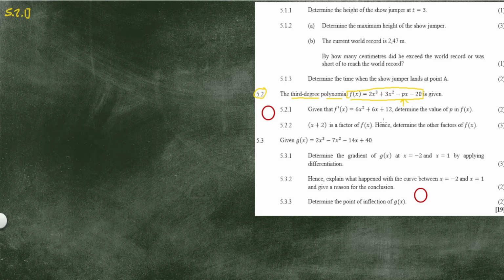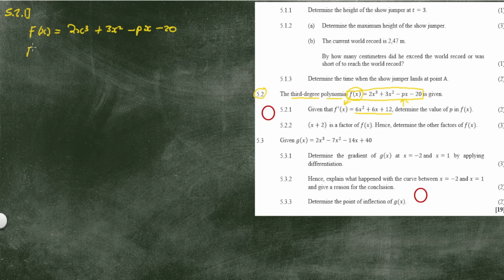Now, when you differentiate f of x, you should get something like this. Let's take the original equation: f of x is 2x cubed plus 3x squared minus px minus 20.